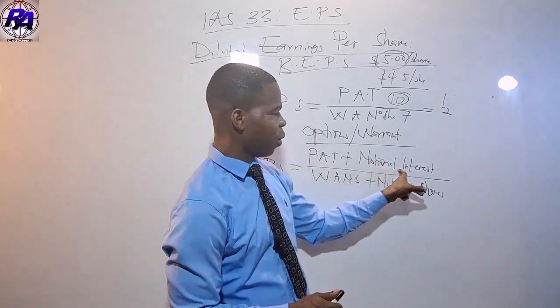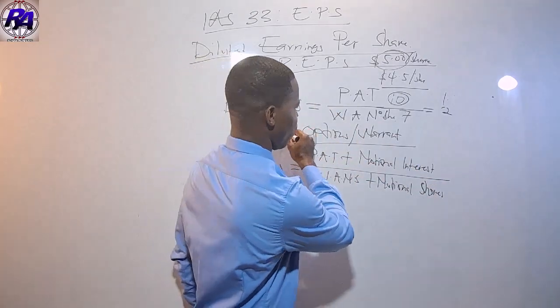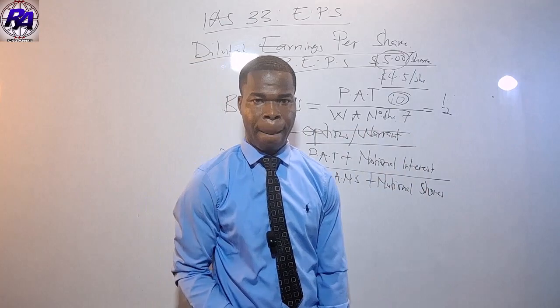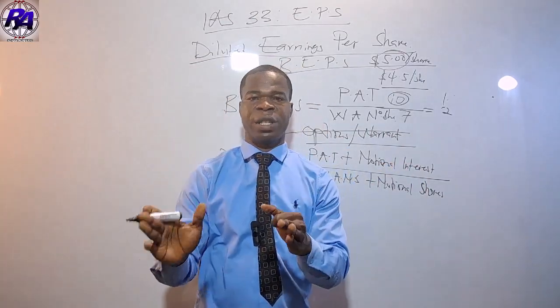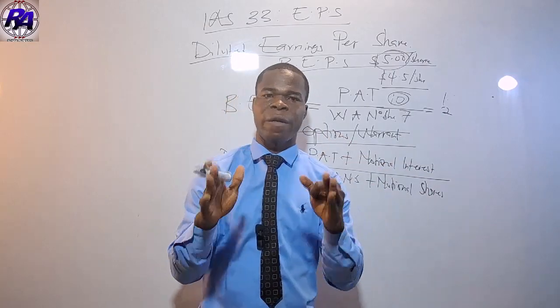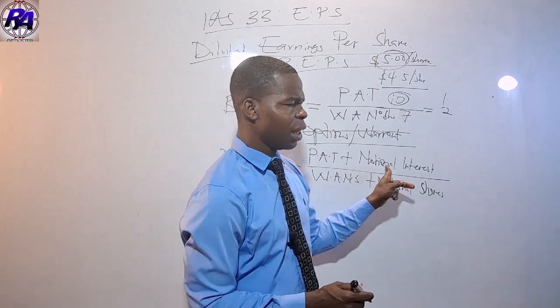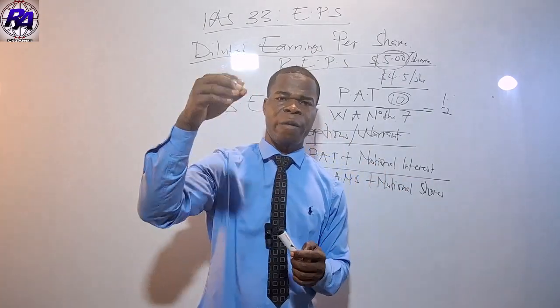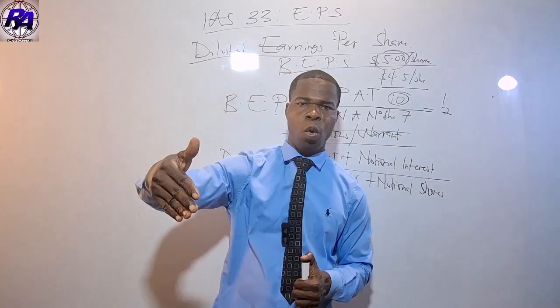All right. Now, when we talk about notional interest, when we come to options and warrants, we don't have anything like notional interest. This is only when we are looking at convertible preference shares, convertible bonds, convertible loan notes.